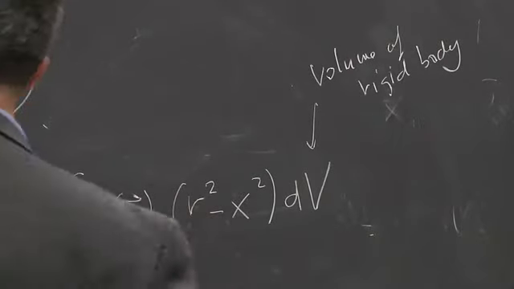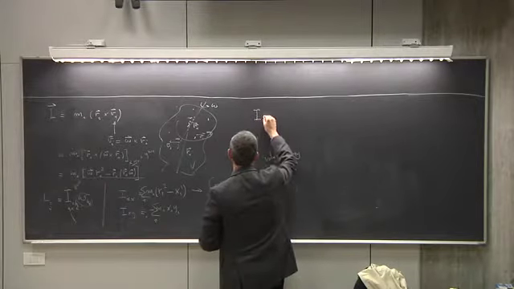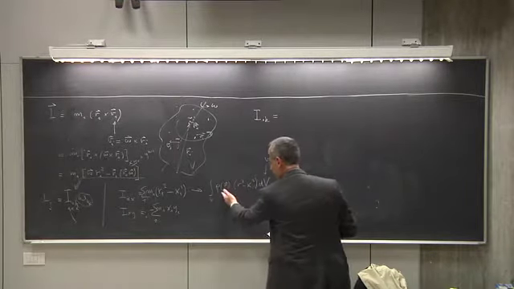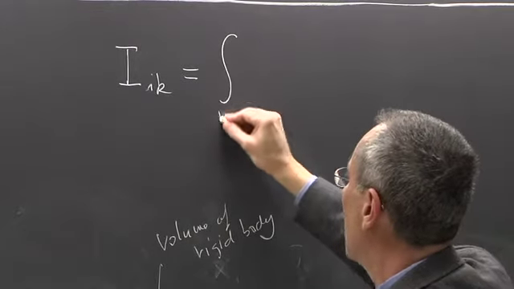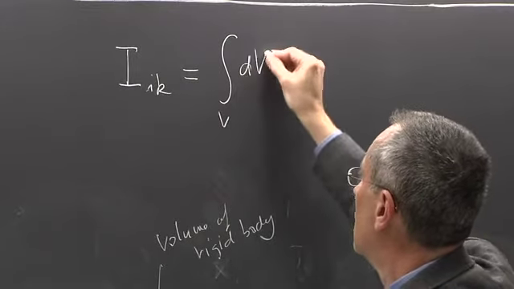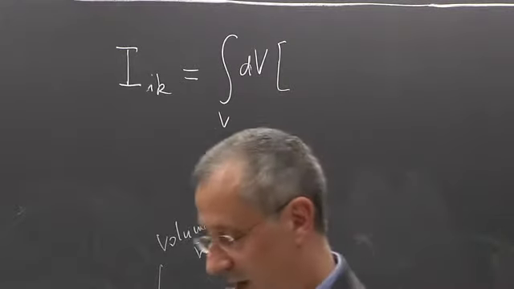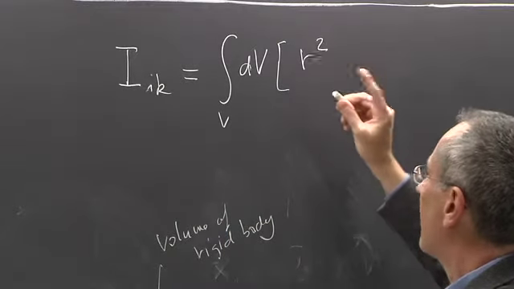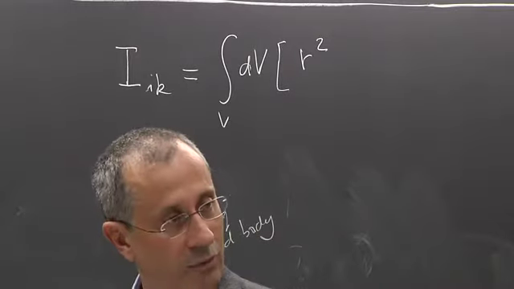In fact, I can now write the general form. So what is this tensor, this I_ik? By using this definition, it is going to be an integral over the volume of your rigid body of a r squared, right? But you have an r squared only when you are on the diagonal of this tensor.